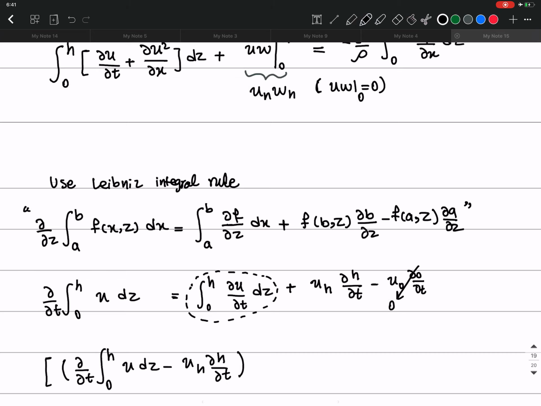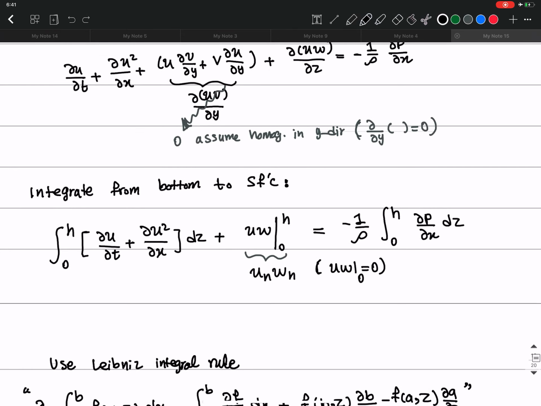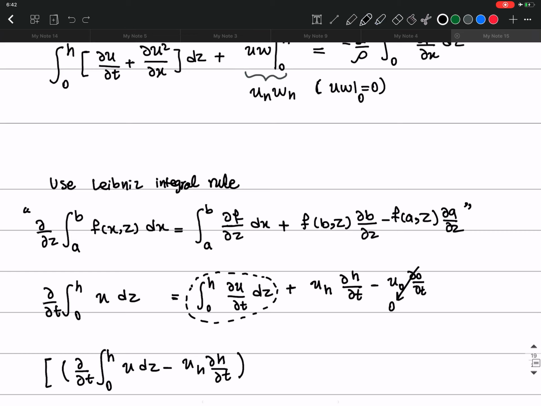This is the first term. And we can similarly use the Leibniz rule for this second term here. I'm just gonna write the answer after using the Leibniz rule, but you can do it yourself. So it's gonna be partial over partial x of the integral from 0 to h u square dz minus u_h square partial h over partial x.